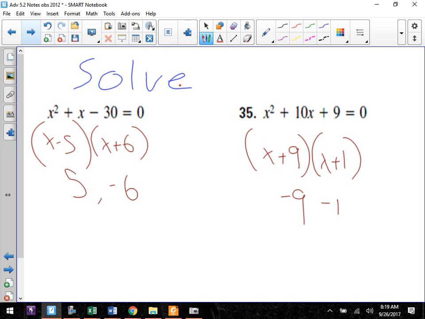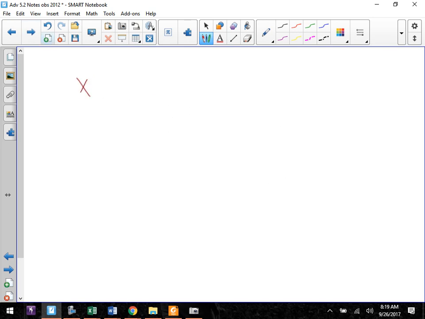Now, I know that a lot of this is review to start off with. I do want to briefly lead into some of the stuff that you do when you have a first term coefficient that is not equal to 1, because in essence, you are doing the exact same thing. For a quick example, x squared plus 10x plus 9. What we did there is we figured out what times what is 9 to add together to get 10.